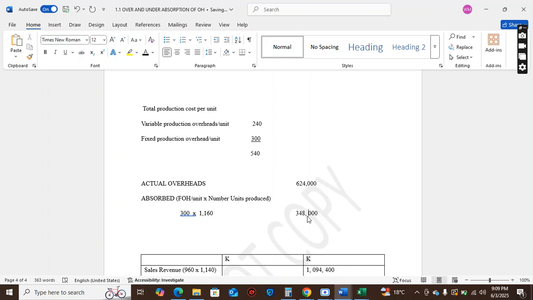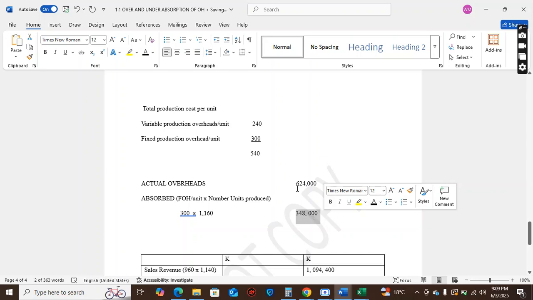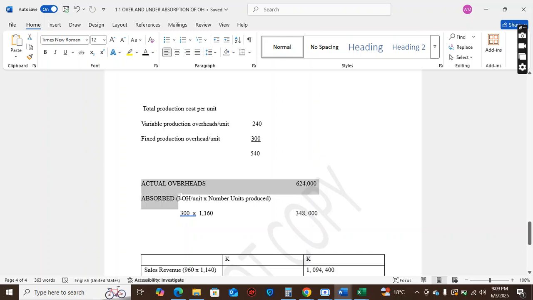As I said earlier in this class, when your absorbed overheads are less than your actual overheads, you've under absorbed.